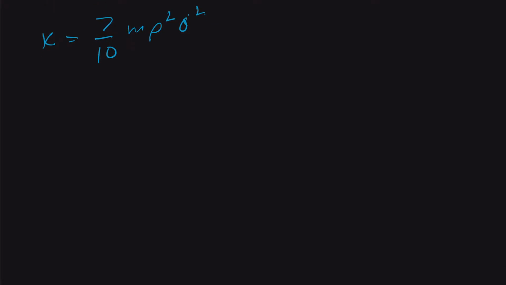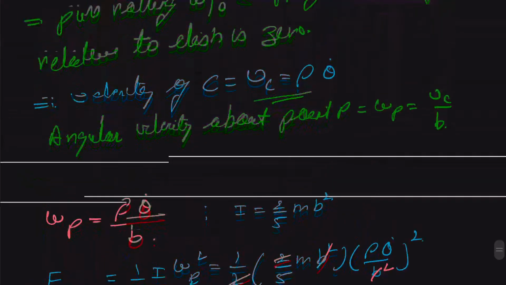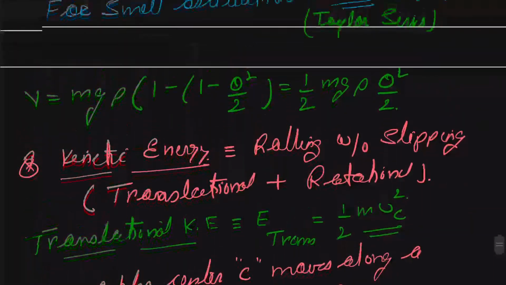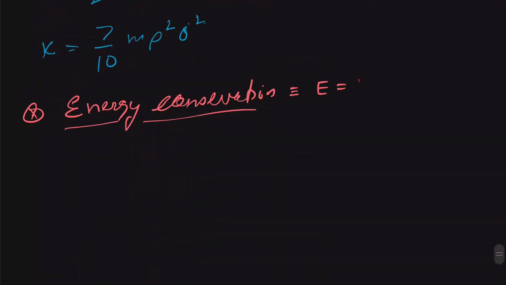Therefore we can say that our total energy, that is E, is equal to potential energy V plus K, and this energy will be constant.